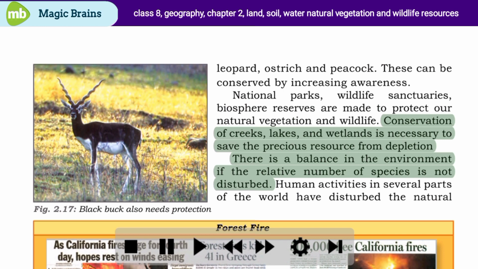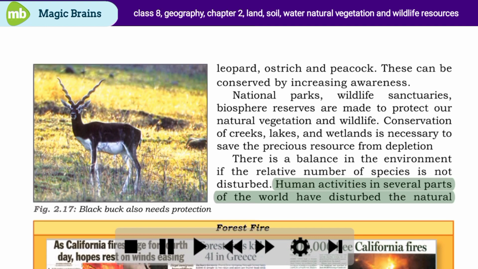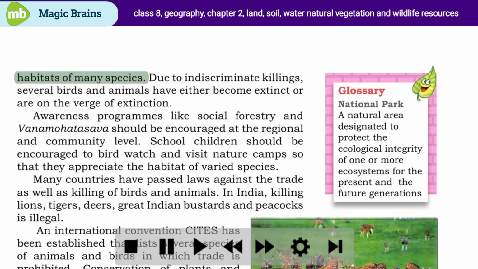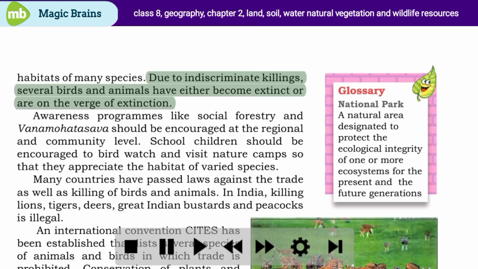There is a balance in the environment if the relative number of species is not disturbed. Human activities in several parts of the world have disturbed the natural habitats of many species. Due to indiscriminate killings, several birds and animals have either become extinct or are on the verge of extinction.